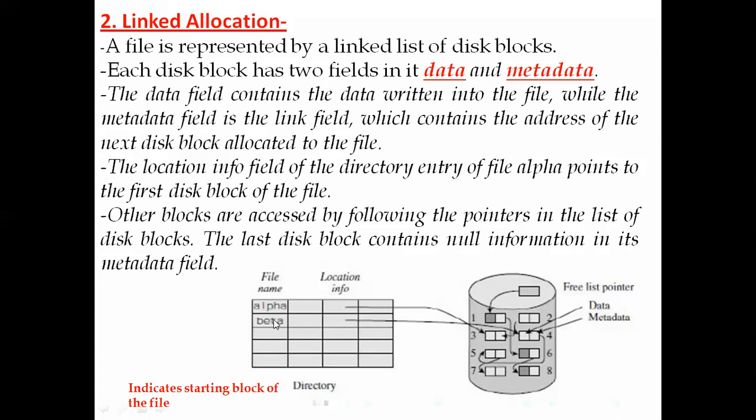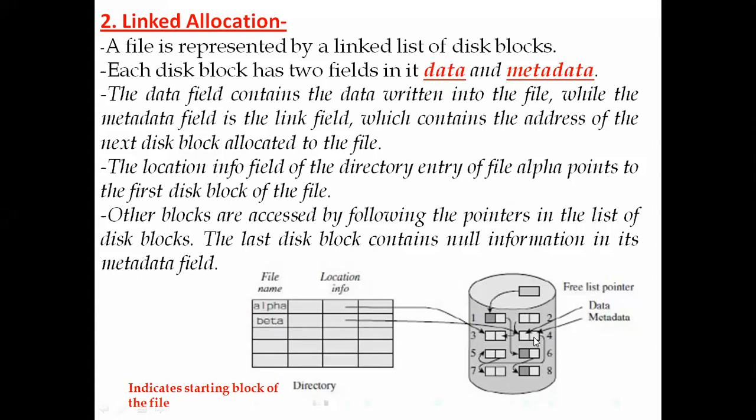Okay, and if you see this file beta, the location information field of the file beta is indicating the disk block number 4, right? Is it visible? Are you seeing this? So for disk block 4, we have the data of the file beta stored, right?